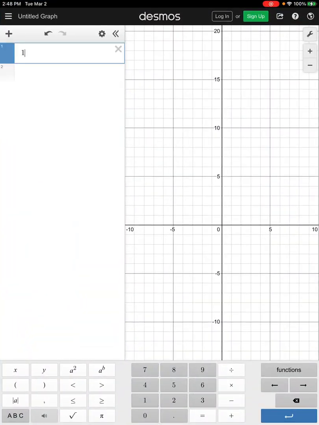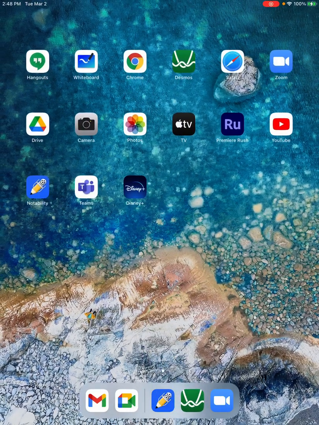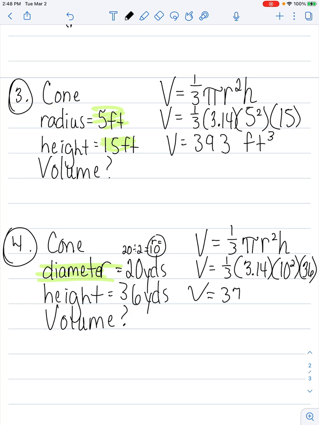So again, 1 divided by 3, use your arrow key to come out of the fraction, x for times, 3.14 times, my radius was 10 squared, times my height was 36. And you get exactly 3768. And now let's look at our units.